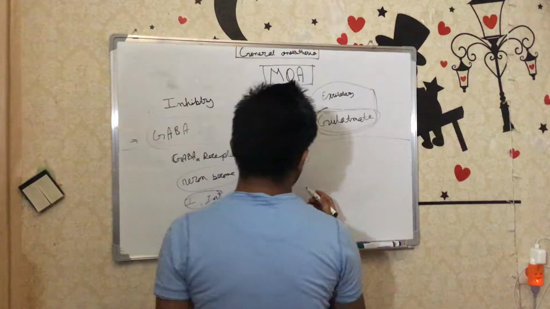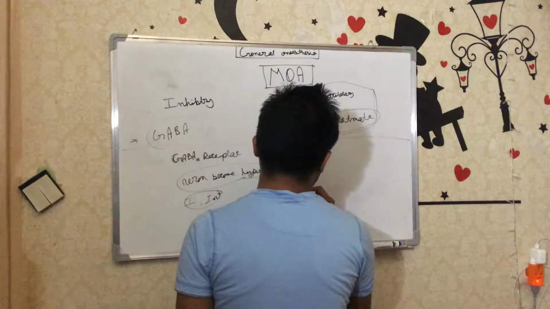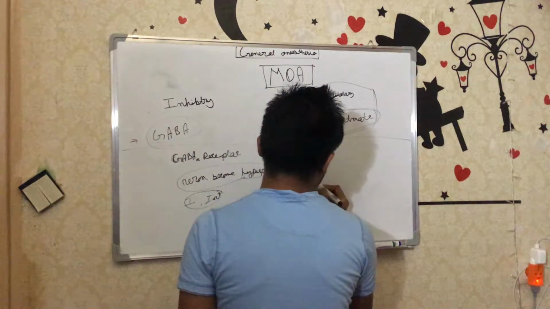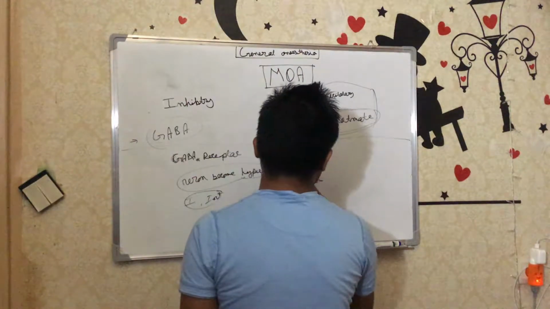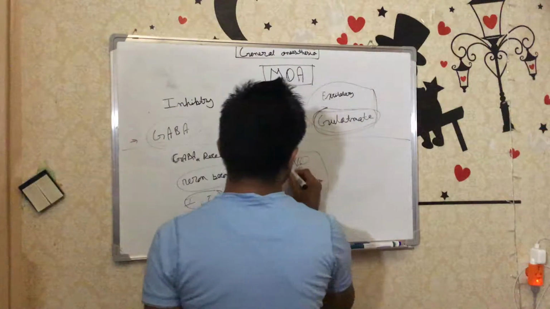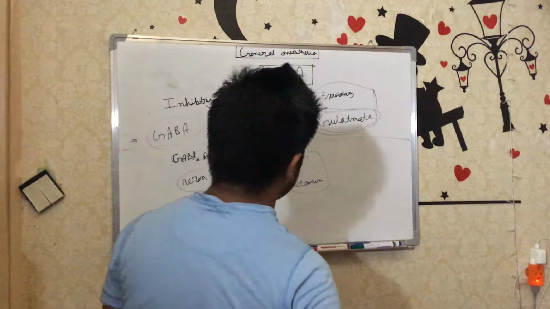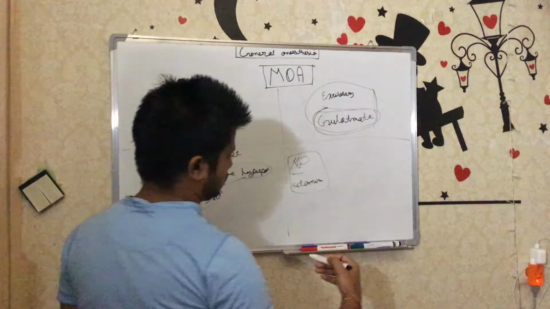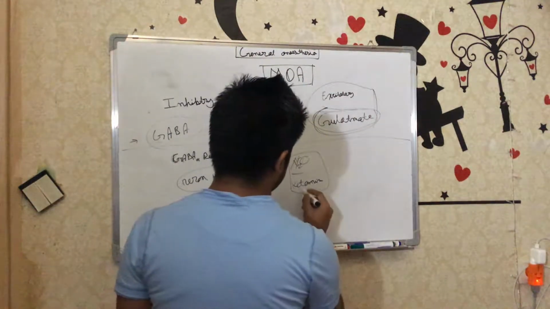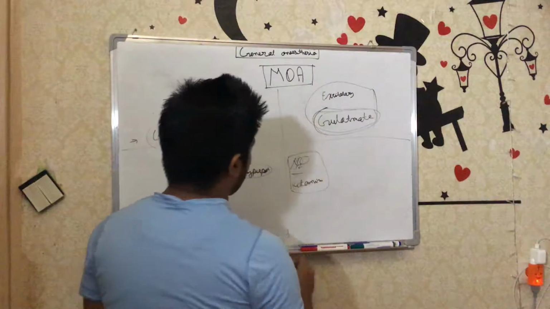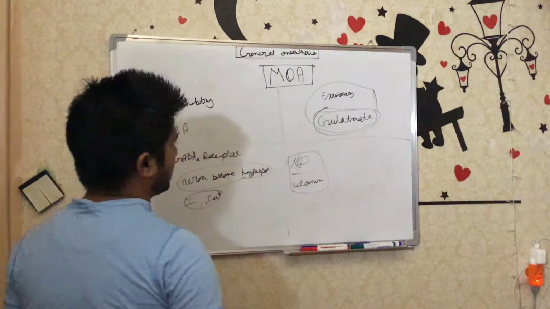And the dissociative anesthetic, that is ketamine. The two drugs, first the inhalational general anesthetic and second the intravenous general anesthetic, which is slow acting, not fast acting, a dissociative anesthetic. So these two drugs act on glutamate.